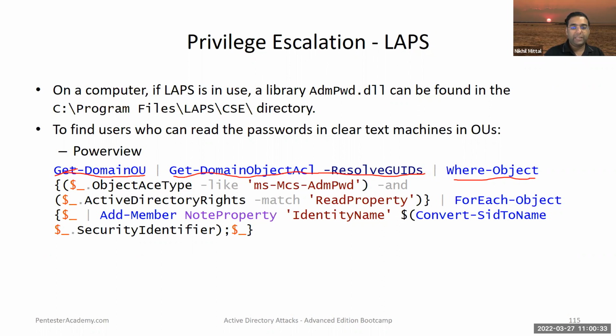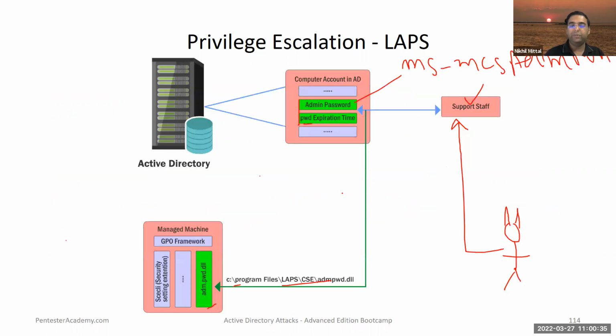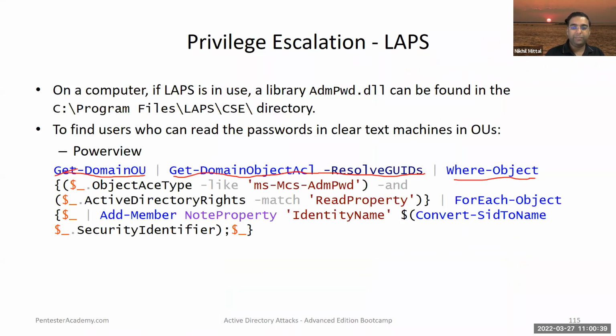If the ACE's object type is ms-Mcs-AdmPwd, that stores the password, and the rights in that ACE are ReadProperty, that is, we want all those ACEs where any user has the rights to read this property. And then for each one of those entries that are returned from here, we want to find out the identity name. All right.